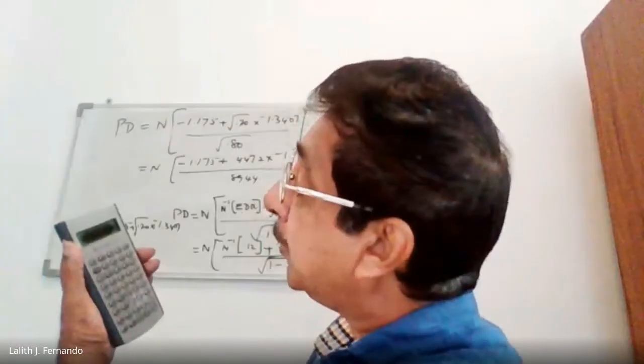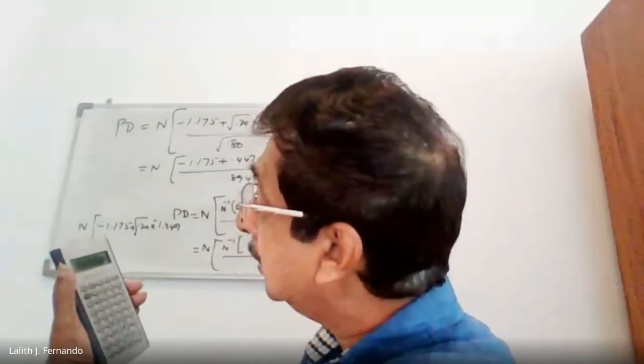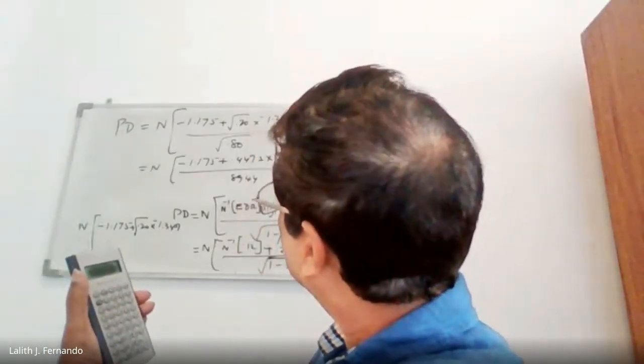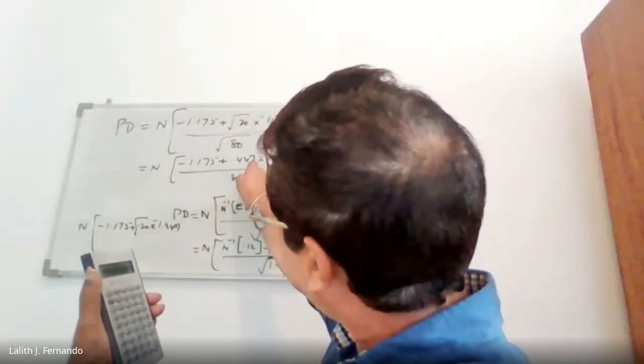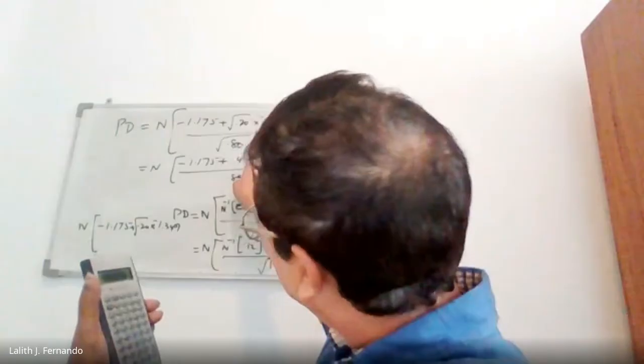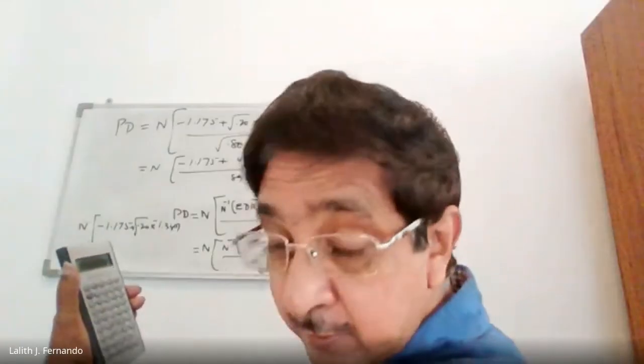What is the answer? You got 1.984. Now you got these values. The first value was minus 1.175 plus 0.4472, into minus 1.3407, divided by square root of 0.8.